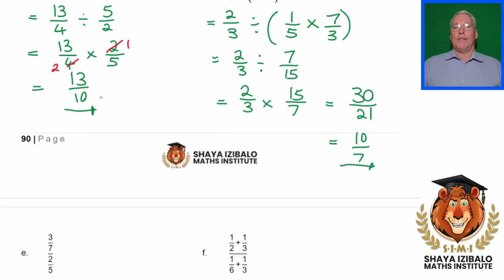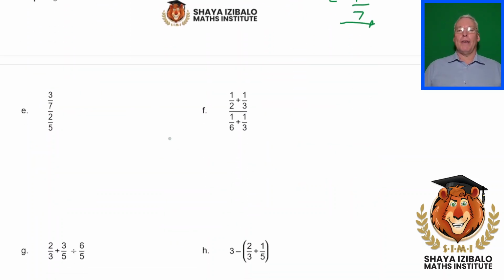Okay, right. So dividing fractions, not too bad at all. These look a little ugly, all right? But remember that this line here means divide. So we could just as easily write this question as 3/7 divided by 2/5.